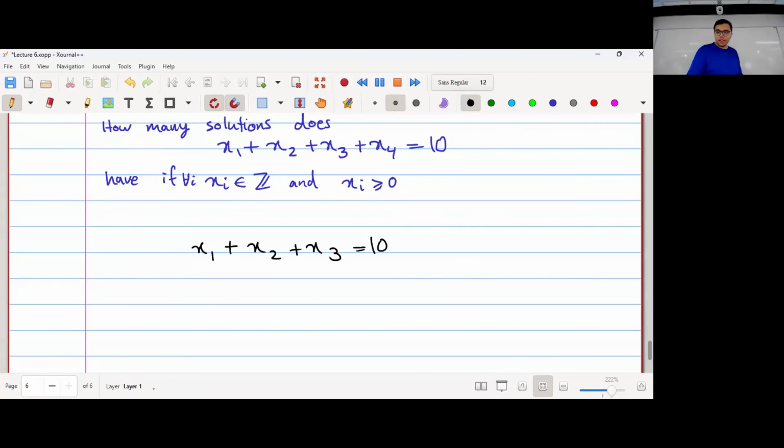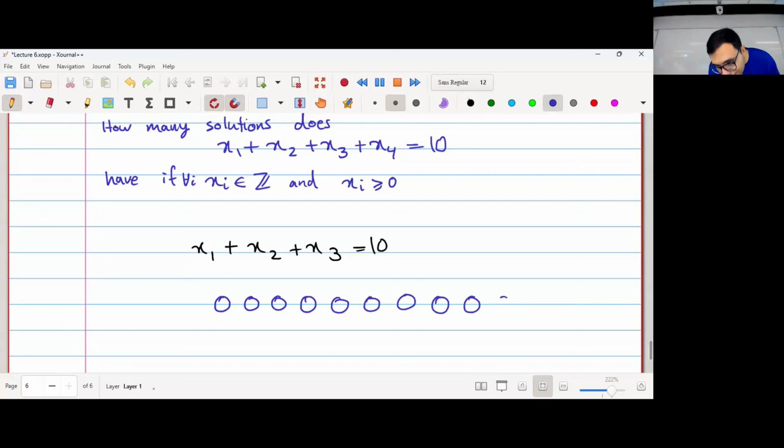Okay. So here's one interesting thing. Let's say that I have 10 balls: 1, 2, 3, 4, 5, 6, 7, 8, 9, 10. And let's say that I also have 2 divider balls, a ball here and another ball here, right?